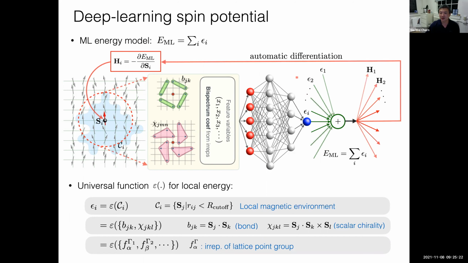Then we do this so-called automatic differentiation. This can be done easily in PyTorch to get all the forces H1, H2 like this. So that's how we use the neural network potential to obtain the force. Once you obtain the force, then you can just use whatever algorithm to integrate the LLG equation and get the new spin configuration.